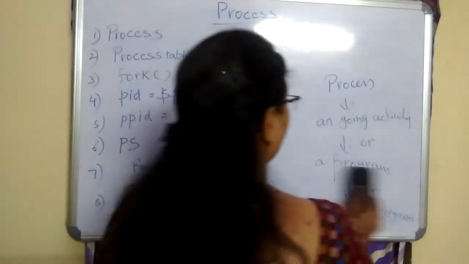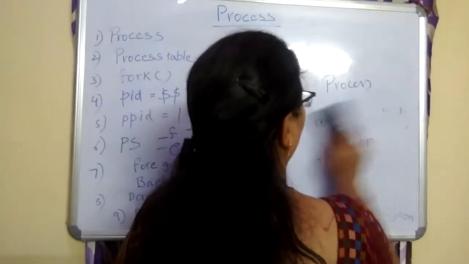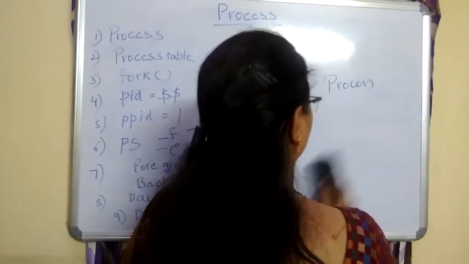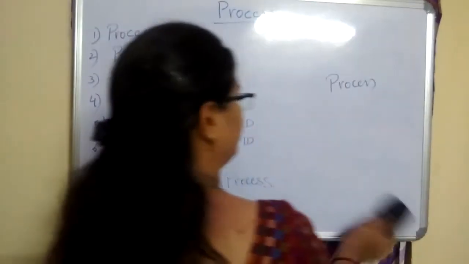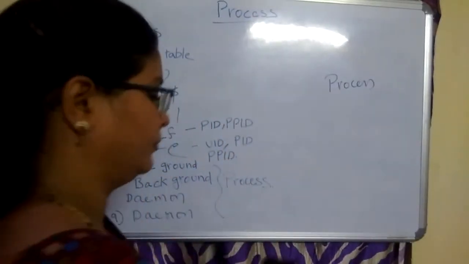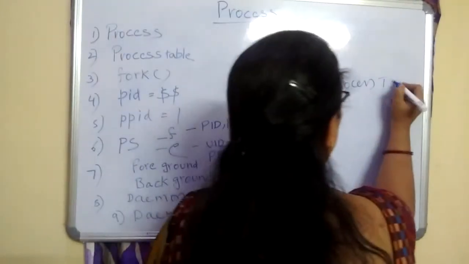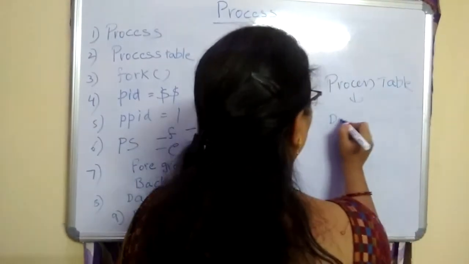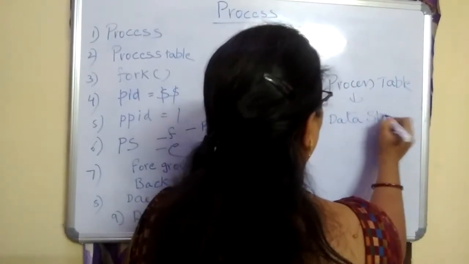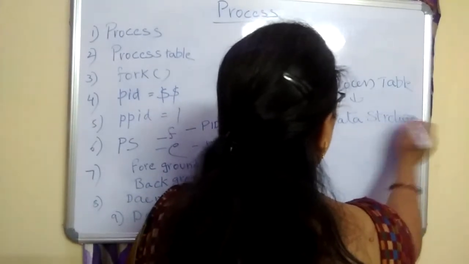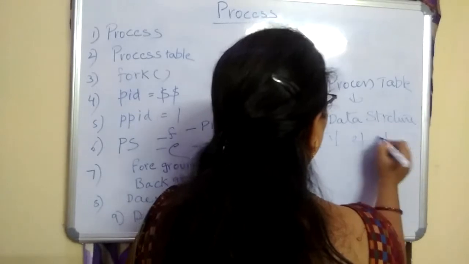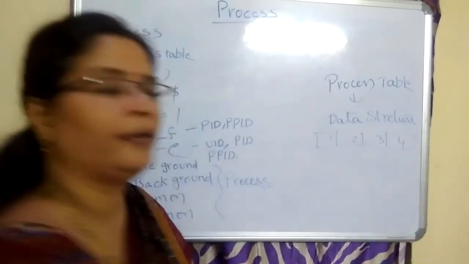Now we are going to see what is the meaning of a process table. A process table is one kind of data structure which contains several fields, field 1, field 2, field 3, field 4, like that.